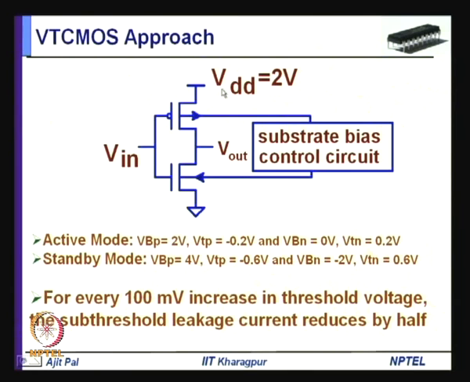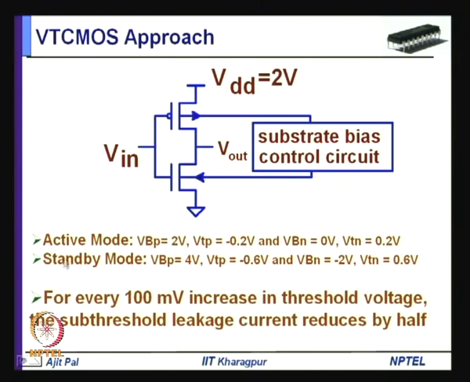So, this substrate bias is 2 volt, means it is effectively connected to VDD, so effectively 0 body bias, this also 0 body bias. Whenever both have 0 body bias, the threshold voltages are minus 0.2 volt for the PMOS transistor and 0.2 volt for the NMOS transistor. So, this is the active mode condition, and obviously the circuit will be fast, because the threshold voltages are small, and you will get good performance.